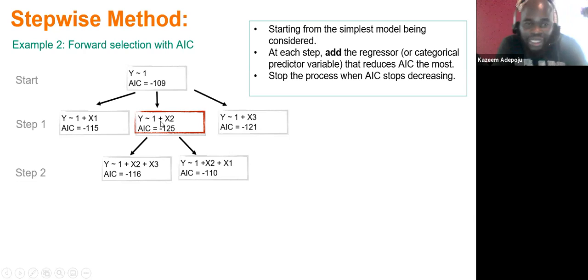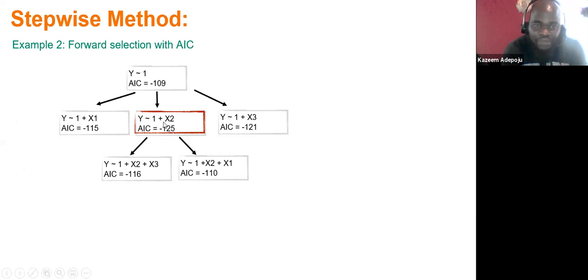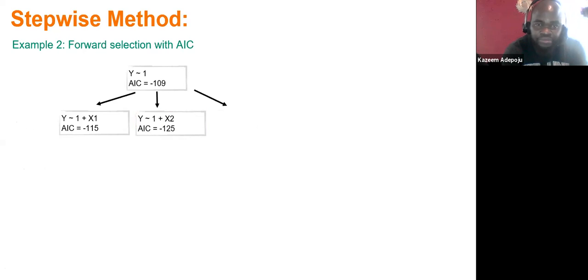So let us now compare the two methods of selection. Now, this model by forward agrees with this model. The predictor is x2. Let's look at the backward. What does it agree on?